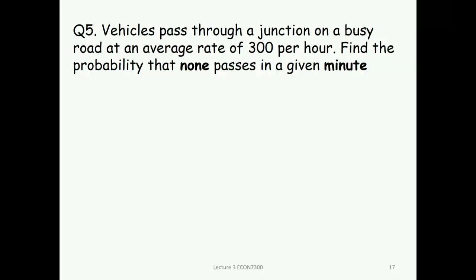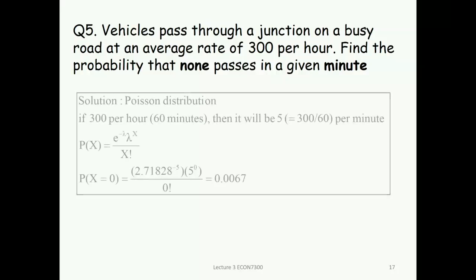First of all, is it about discrete or continuous? It is discrete. And then which discrete? Binomial, Poisson, or hypergeometric? This is Poisson, 300 per given, limited period of time.